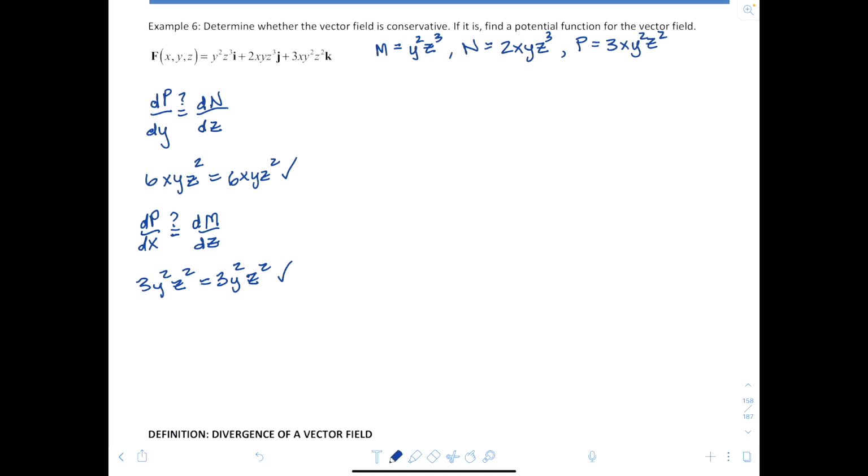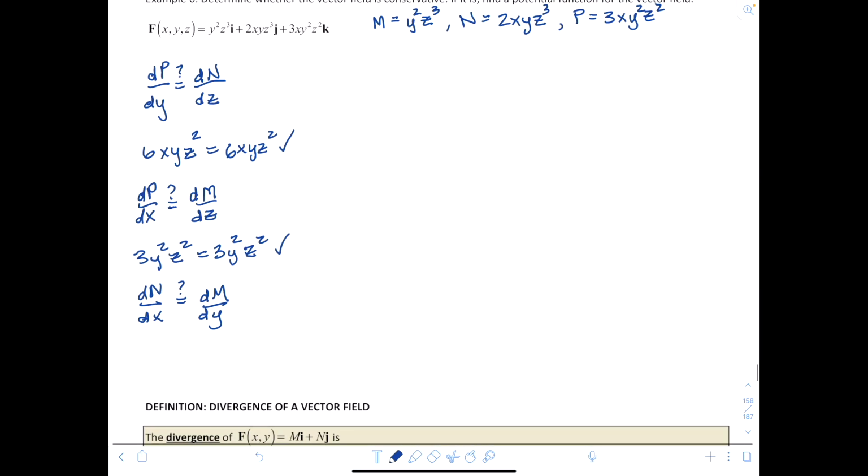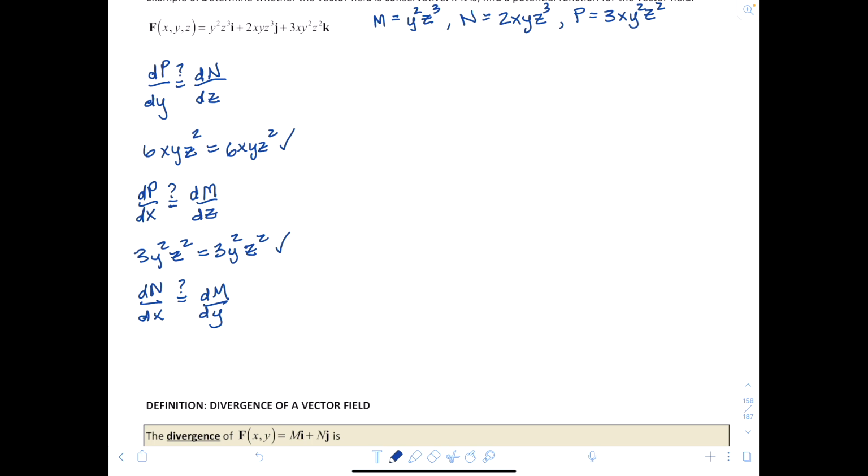And then lastly, is dN/dx equal to dM/dy? So dN/dx will be 2yz cubed, and dM/dy is 2yz cubed. So we're good to go. So F is conservative.